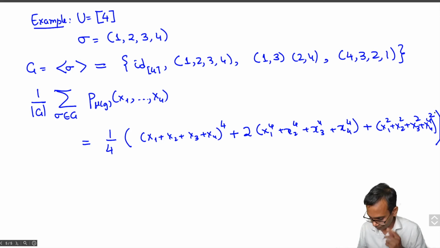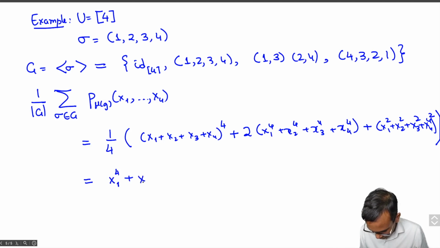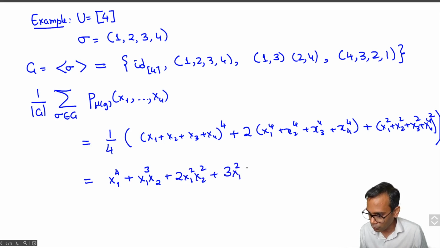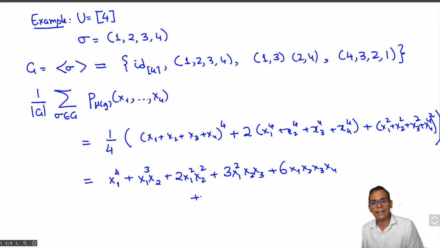So that's the expression, and if you simplify it, you'll find that it's just, let's see, x1 to the power 4 plus x1 cubed x2 plus 2x1 squared x2 squared plus 3x1 squared x2 x3 plus 6x1 x2 x3 x4 plus, now this whole thing has to be a symmetric polynomial, and what I'm saying is that once you write down the coefficients of these monomials, all the other monomials that appear with their coefficients will be inferred from this.